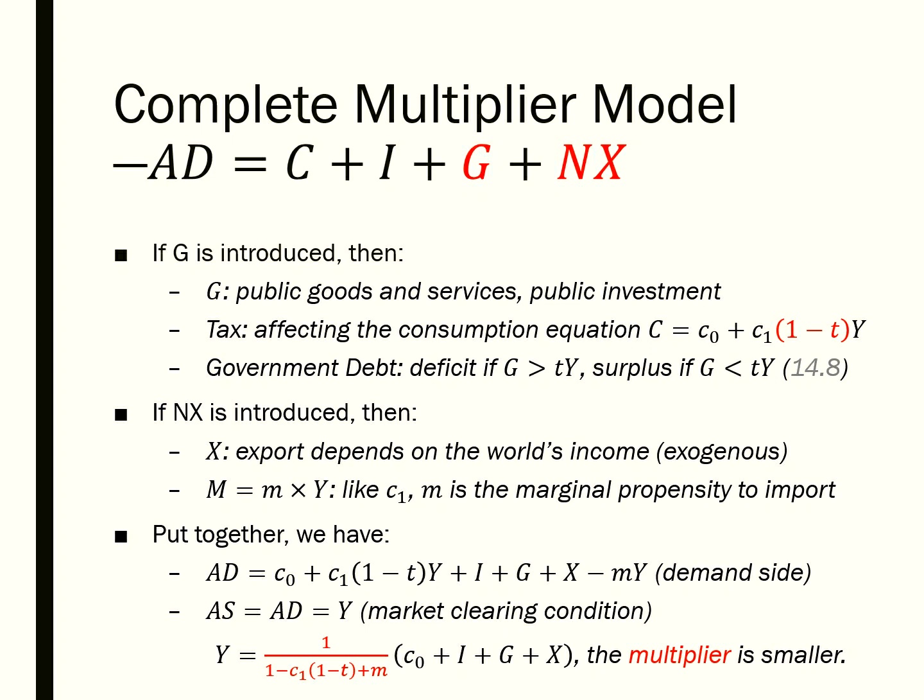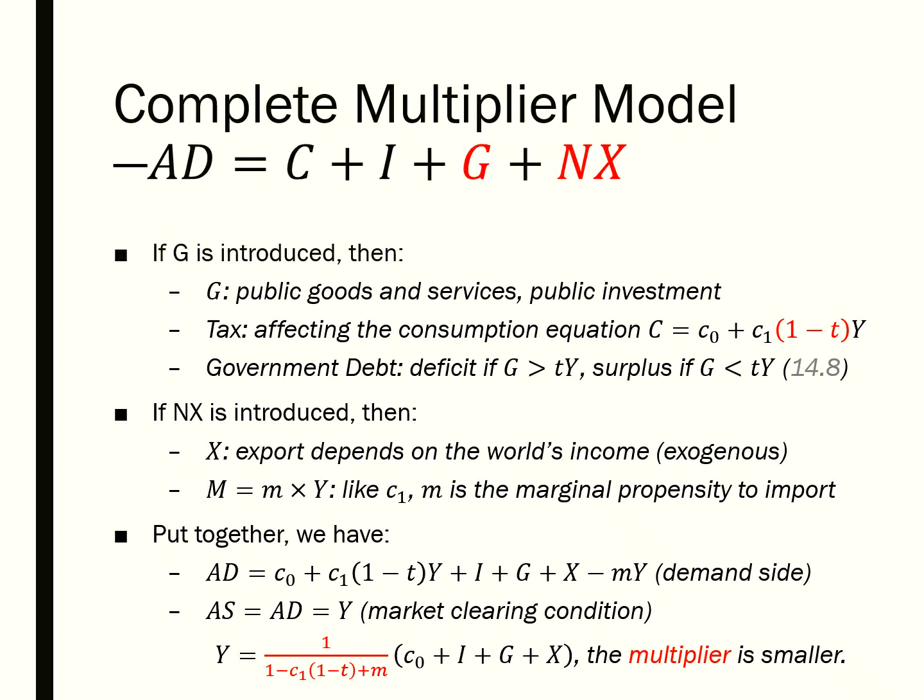These symbols look quite scary, but they are nothing if you know how it works. Just try to solve the equation by factoring out Y and then dividing through all those coefficients, and you will get this. And as you can see, the multiplier of the simpler model is 1 over 1 minus C1.